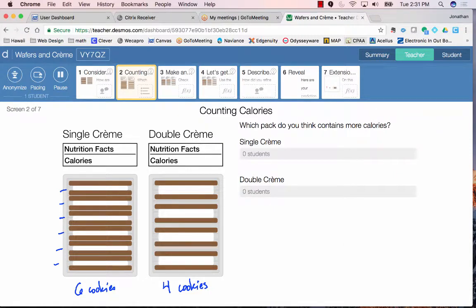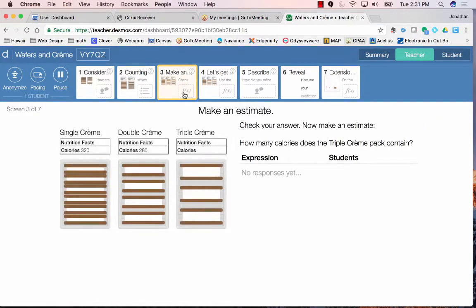All right, let's start to get even more mathematical with this. So now we're given some calorie information. For single cream cookies, with our 6 cookies, there are 320 calories altogether if we ate all those 6 cookies. For our double cream cookies, there are 280 calories if we ate all 4 of these.